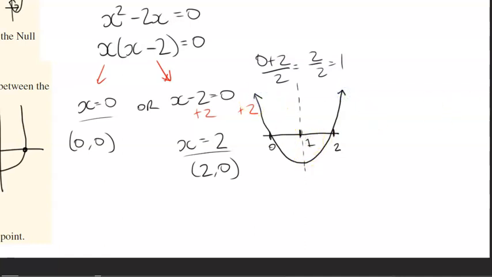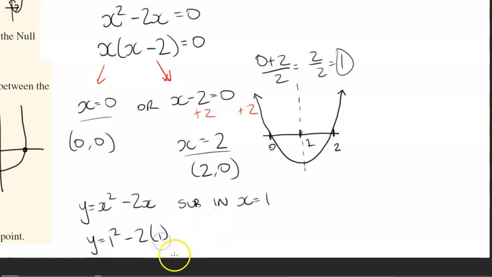In order to determine that, we substitute this x value of 1 into the formula of y equals x squared minus 2x, the original formula. So I'm just going to say sub in x equals 1. So y is equal to 1 squared minus 2 times 1.